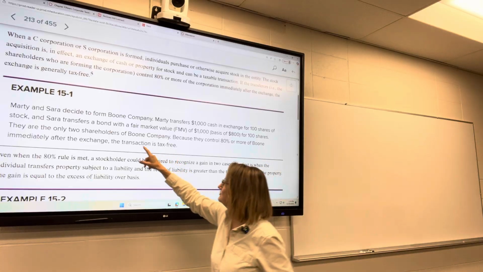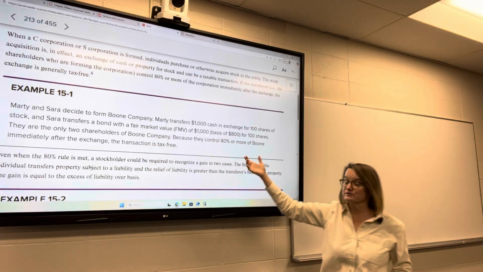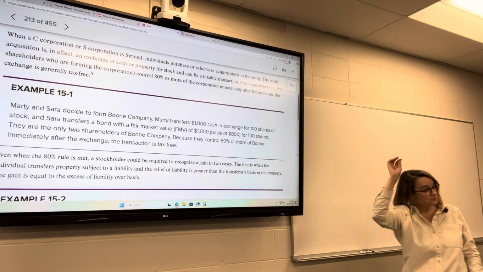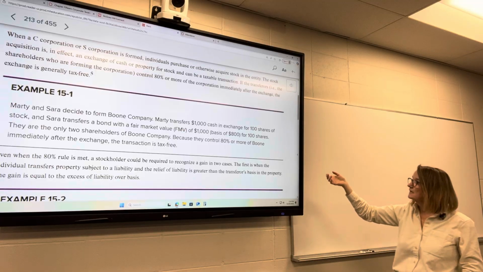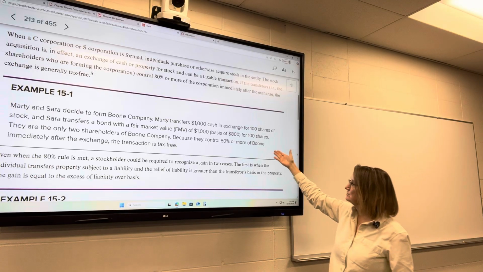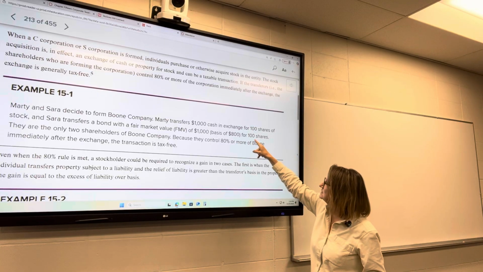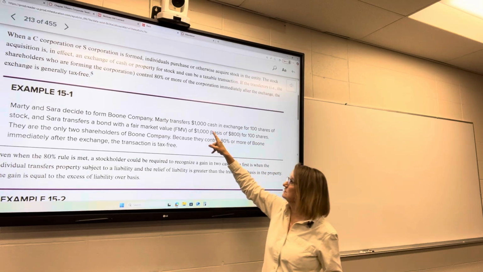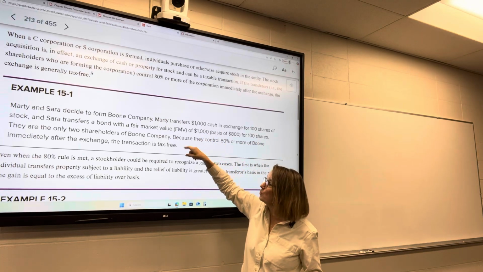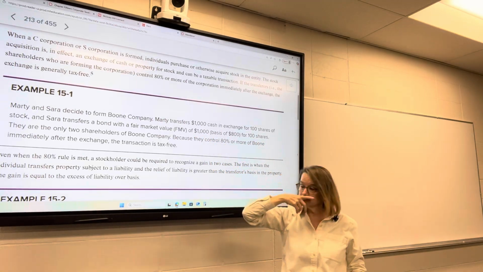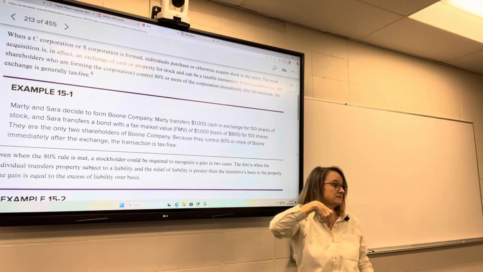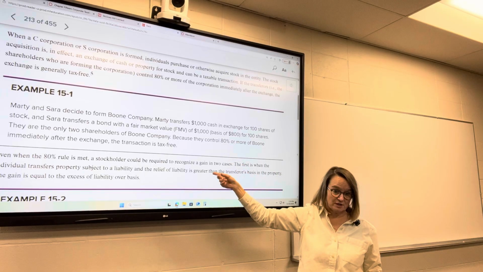Sarah is transferring a bond with a fair market value of $1,000, but the basis to her is $800. She's also getting 100 shares. So she's getting the same amount because the fair market value is the same as Marty's. Her basis in that stock, though, is going to be $800.